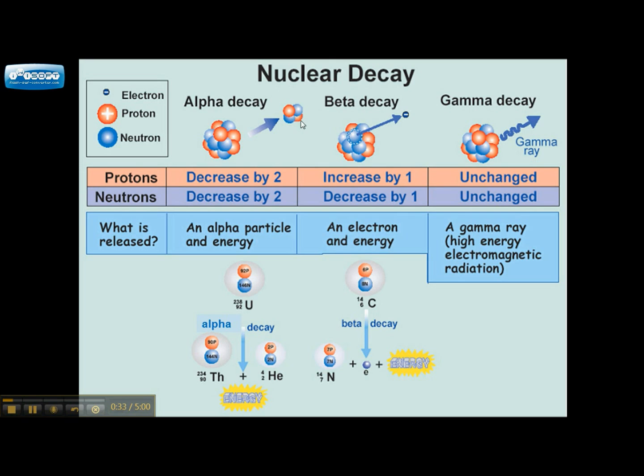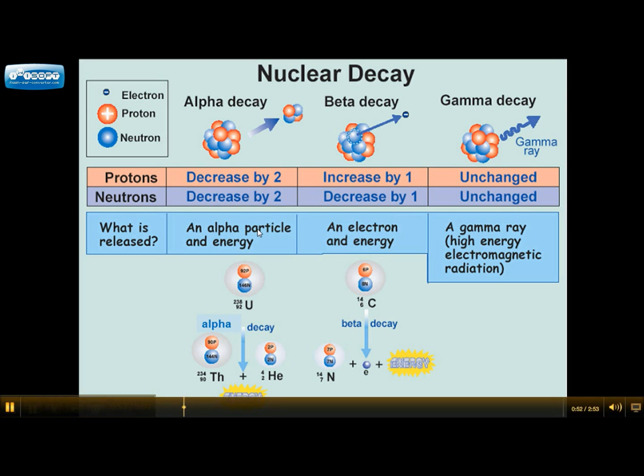And here this particle contains 2 protons and 2 neutrons. Therefore, the original nucleus is going to decrease by 2 protons and decrease by 2 neutrons. What's released is this alpha particle, which is this helium atom, and some energy, of course.